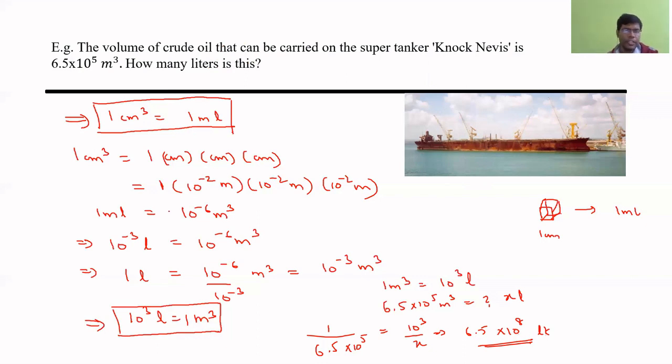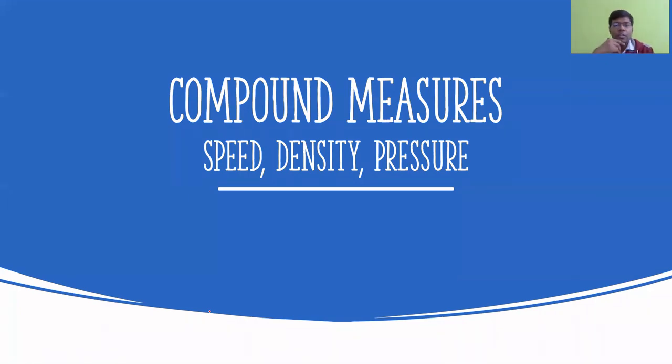Okay, so again this relation is very important. 1 centimeter cube is equal to 1 milliliter, and if we convert that into liters, we'll have 10 power 3 liters is equal to 1 meter cube. So till now we have discussed the conversion of units of length, then area, and then volume.